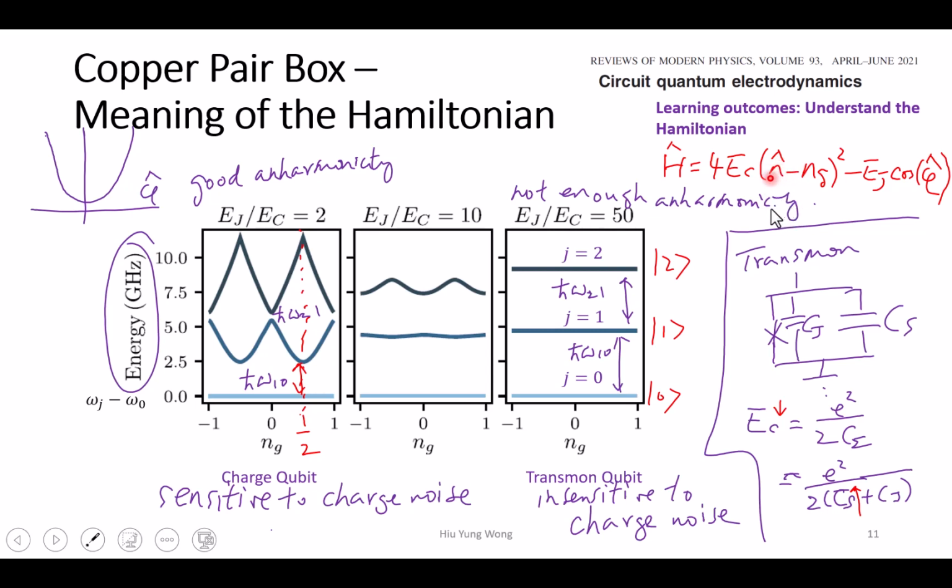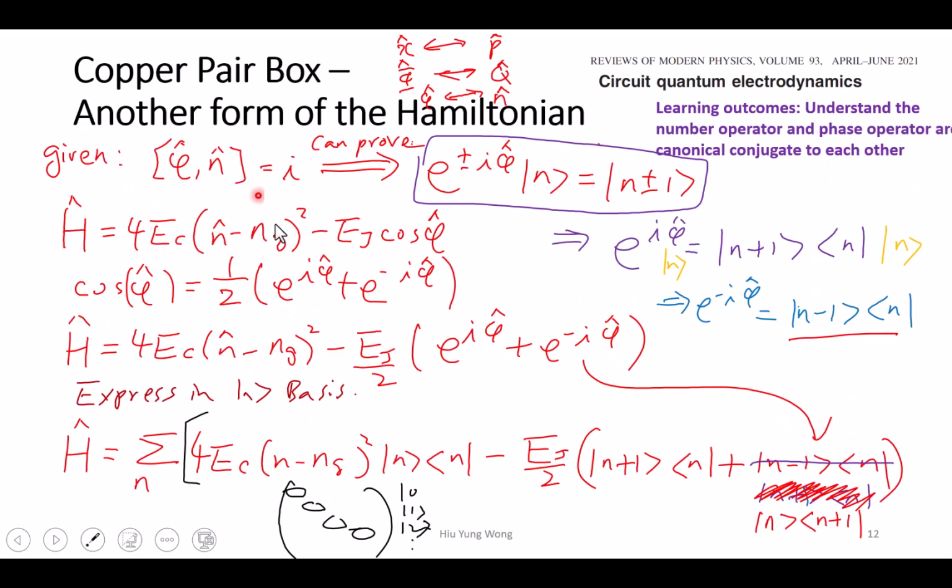The charge is the generalized momentum, and this was the flux, but now it becomes the phase and the number. So number and phase, again, don't commute with each other. If you can measure the number of charges accurately, then you will lose the phase information, and if you can measure the phase accurately, you lose the number information, right?